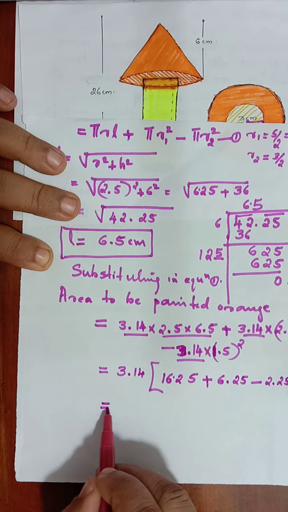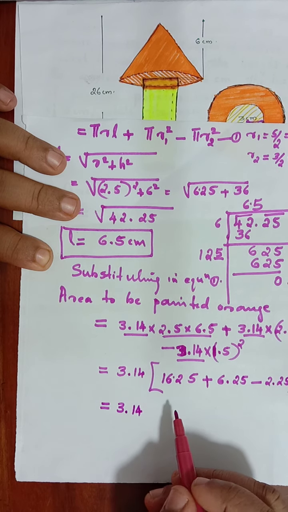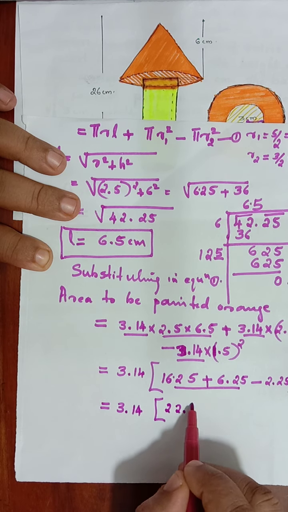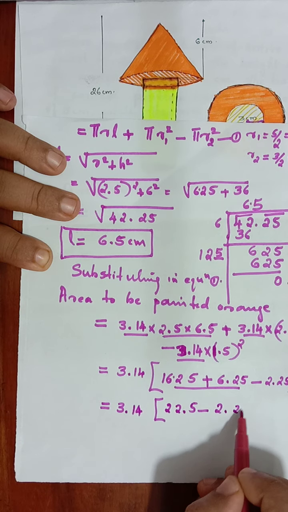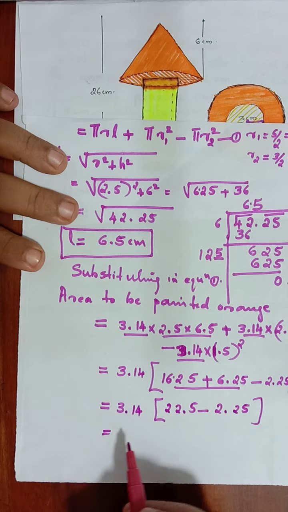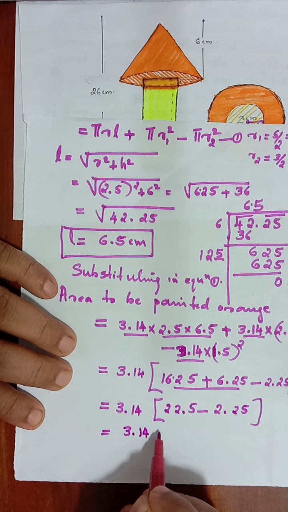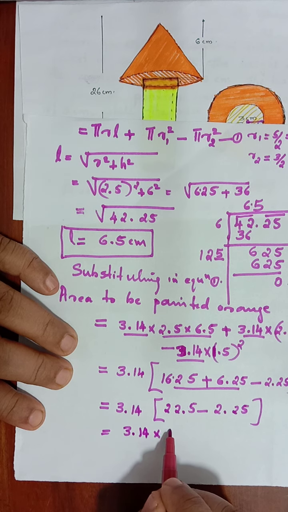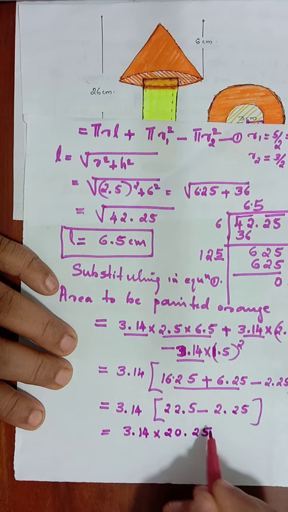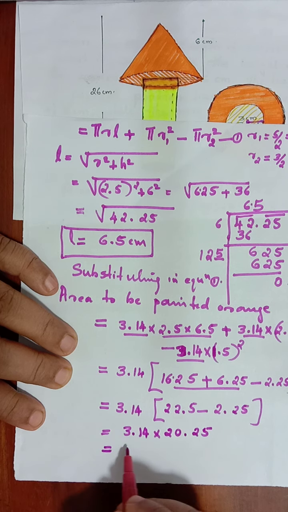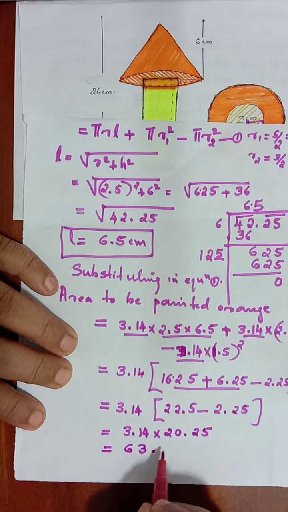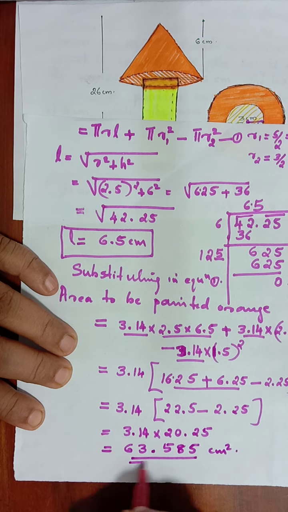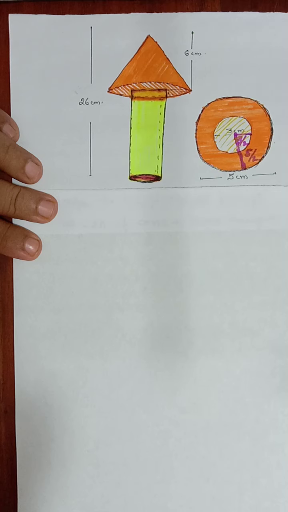This we have to simplify, equal to 3.14 into, we can add these two, we will be getting 22.5 minus 2.25. Let us subtract. You have to write and subtract. Those who don't know, that will become 20.25. Do the multiplication in the working column. 63.585 cm square. This is the area to be painted orange.